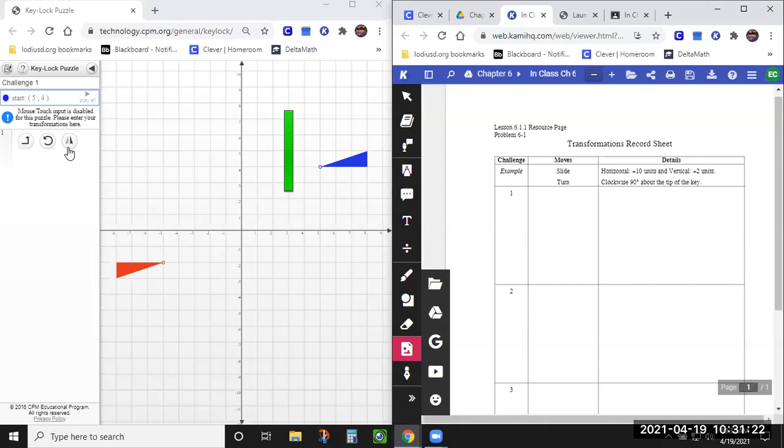A slide, a turn, or a flip? Okay, we're going to do a slide. Where are we going to slide? How are we going to slide?